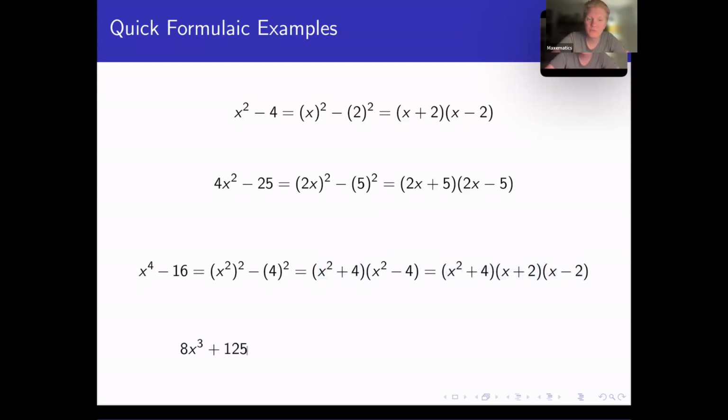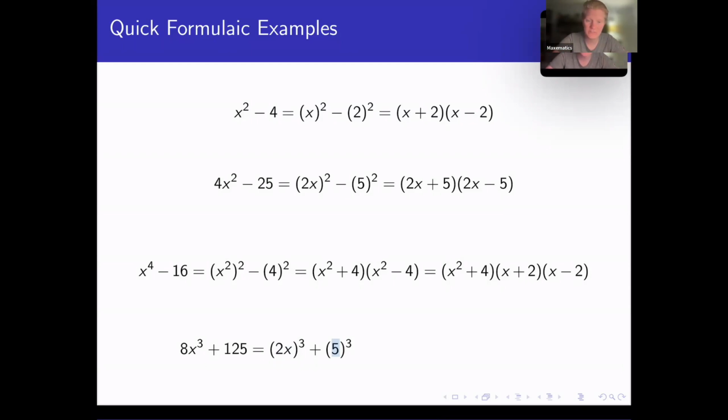8x³ + 125. Well, 8 is like a number cubed, and 125 is a number cubed, and maybe this cubed is a giveaway. Well, 8x³ is (2x)³, and 125 is 5³. So this would be sum of cubes. Something cubed plus something cubed. Now, the formula for sum of cubes is not nearly as nice as the difference of squares formula.